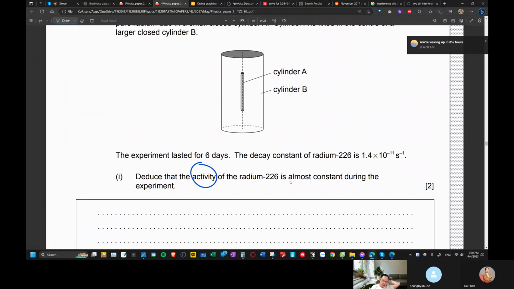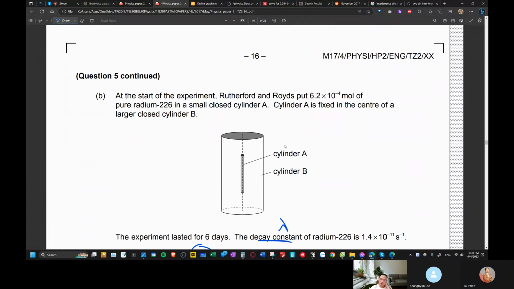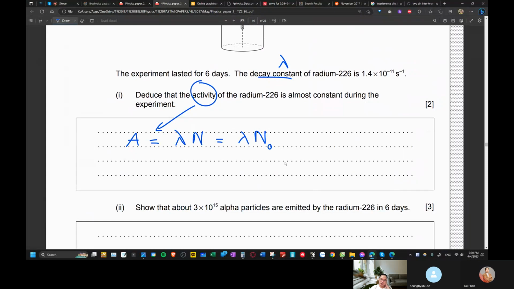Activity is the product of the decay constant lambda and the remaining nuclei N. The remaining nuclei is the initial number of nuclei, which is the number of moles multiplied by the Avogadro number, multiplied by e to the power of minus lambda times the time t.